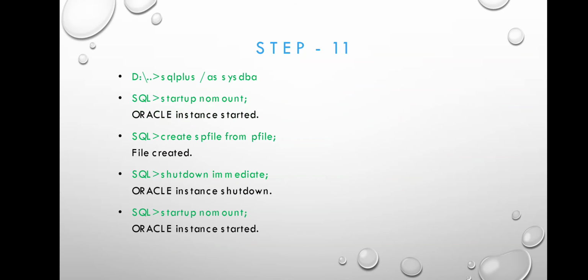Step 11. Go back to SQL Plus and start the DB with nomount, as we are still running the database with the init parameter file. So run the command create spfile from pfile to create the spfile and bounce the DB again with shutdown and startup nomount.